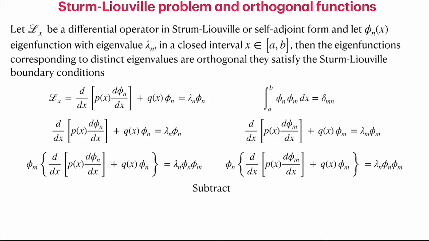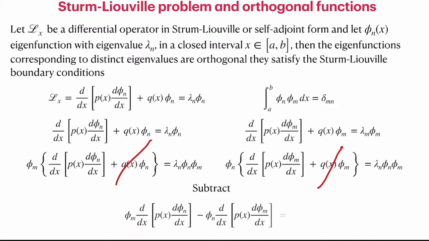When we subtract, these two terms cancel out, and the remaining terms are phi m into d by dx of p(x) d phi n by dx minus phi n d by dx of p(x) into d phi m by dx, is equal to lambda n minus lambda m into phi n into phi m.